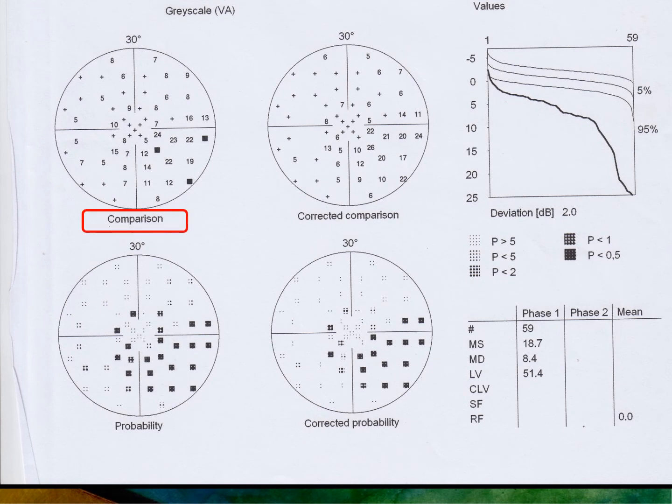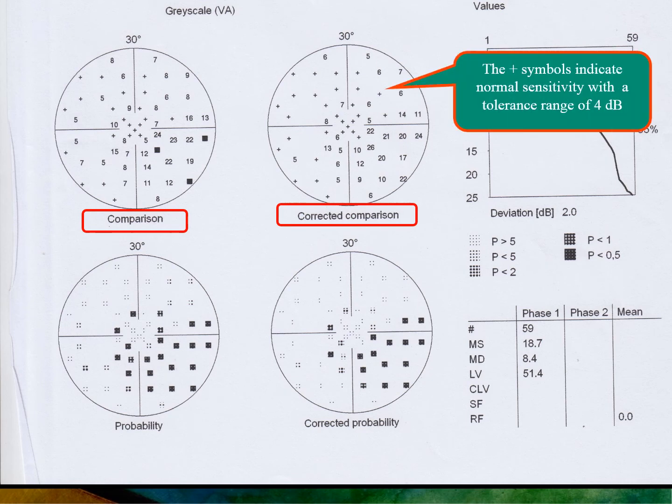So here the sensitivity of the different locations are compared with the normal, and a plus sign written here indicates that this location has sensitivity within the range of 4 decibels of the normal person.